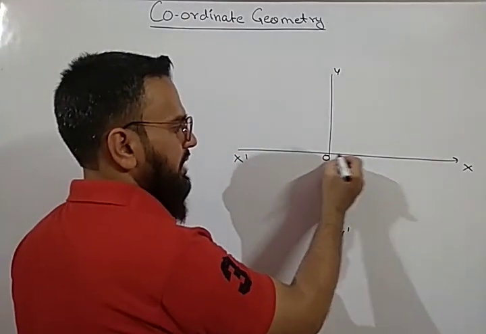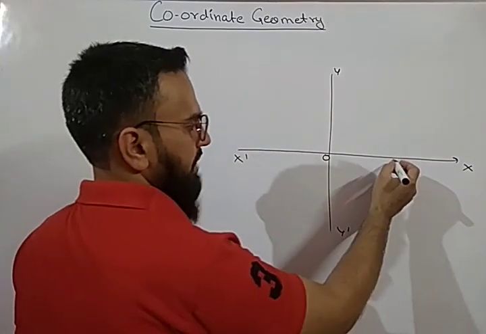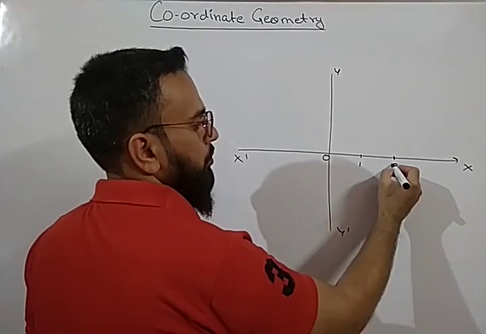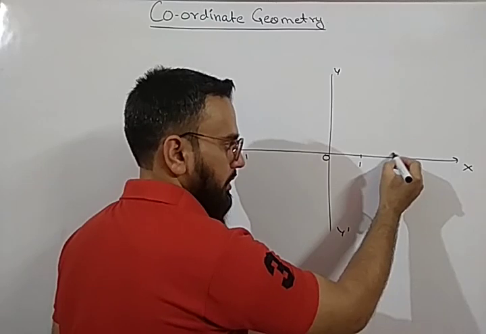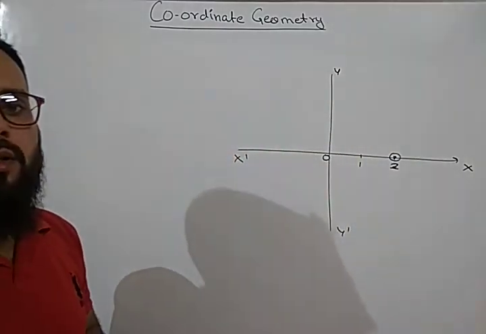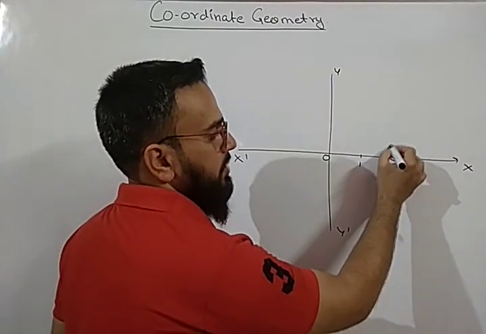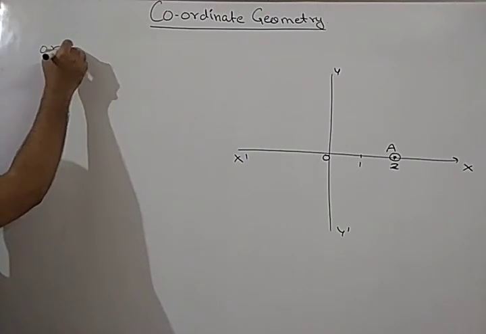Suppose we are given a point in this system. Suppose we have taken this point. This is 1, this is 2. So what will be the coordinate of this point? Suppose we denote this point as point A. What will be the ordered pair of A?